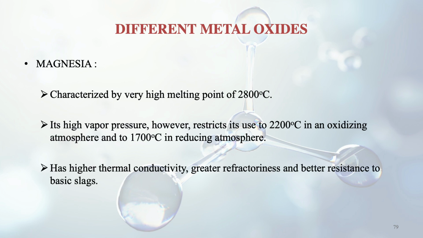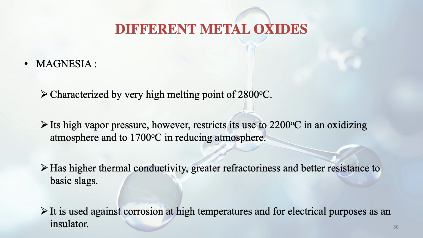But it has higher thermal conductivity, greater refractoriness, and better resistance to basic slag. So slag formation is lesser when magnesia is used, and it is very good against corrosion at high temperature and is also used for electrical purposes because it can be used as an insulator.